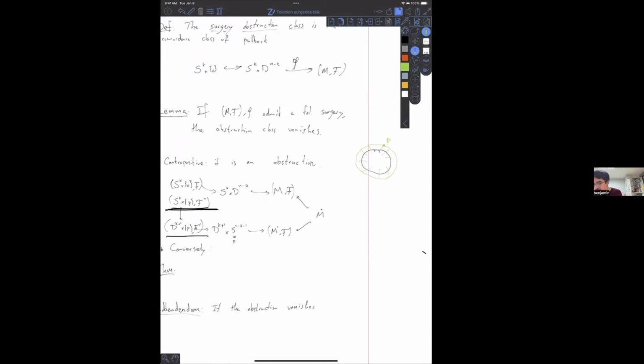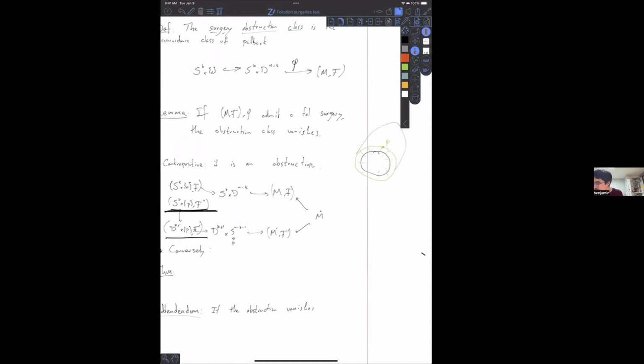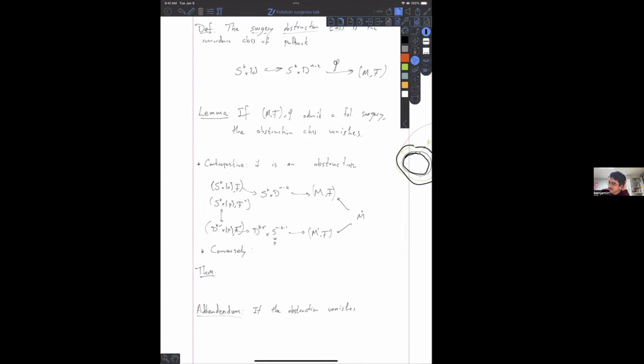The whole thing with the surgery is we glue on a cap here, and the foliation surgery says we have the foliation here. And so that extends this sphere foliation. But this sphere foliation is concordant to the original obstruction foliation, the original concordance class.